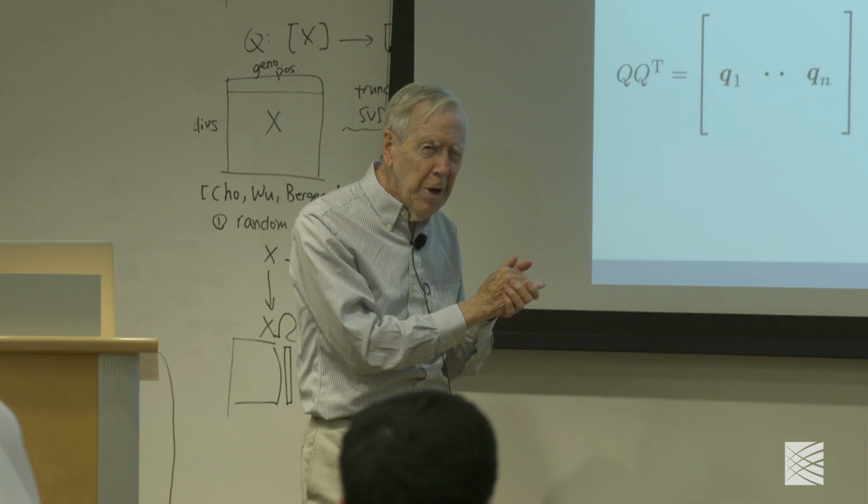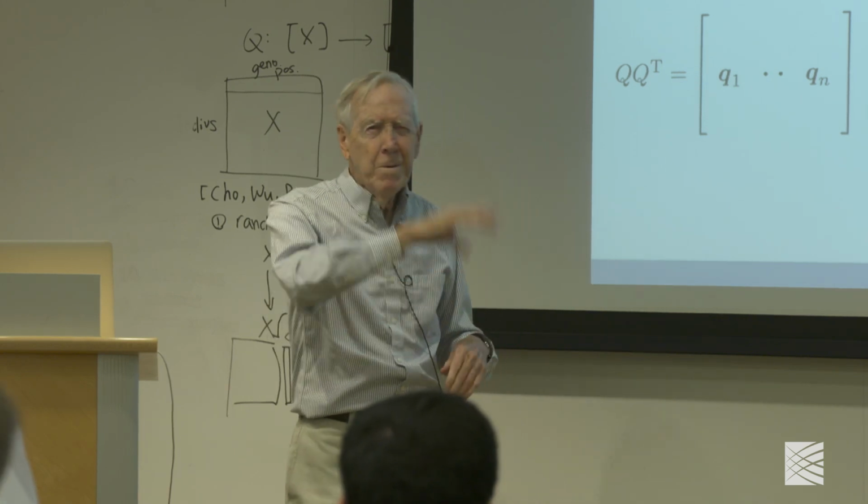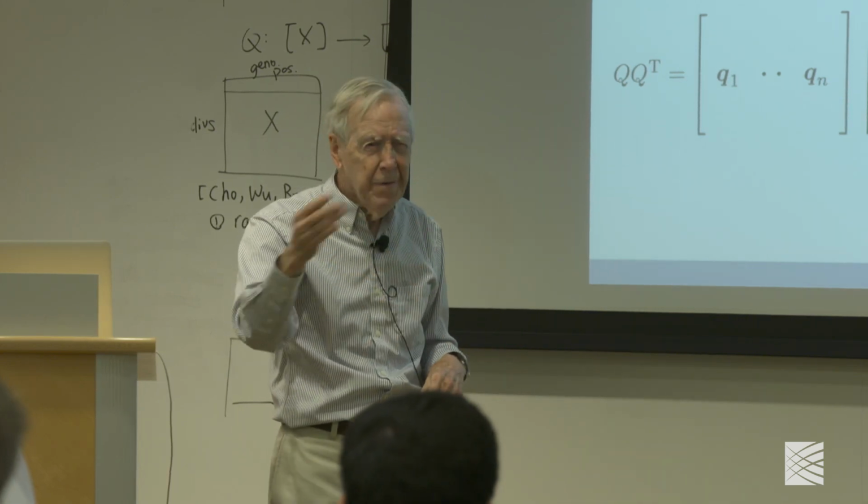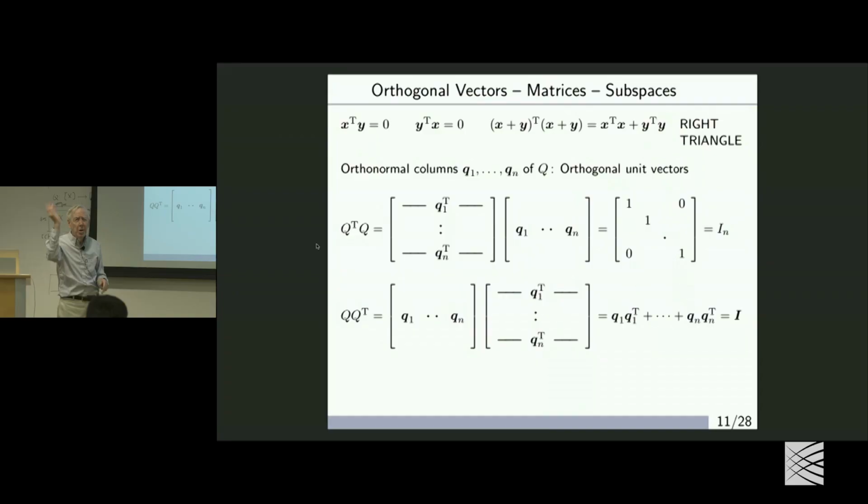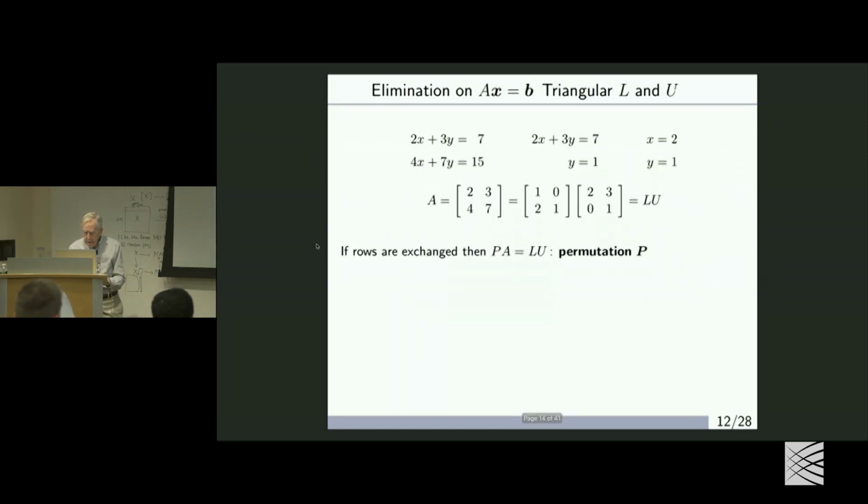If you don't have orthogonal matrices, then the numbers after 10 or 20 layers have blown up or died away. So really orthogonal is the goal. Okay, all right, so I'm now thinking about these.